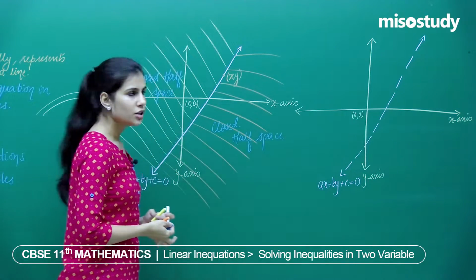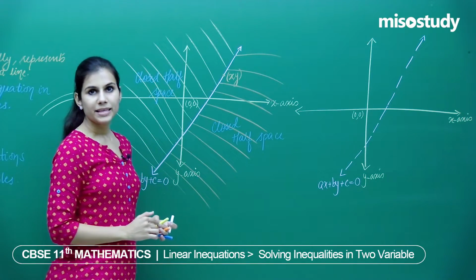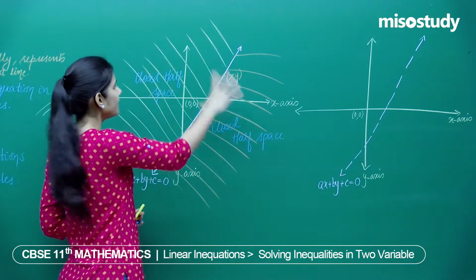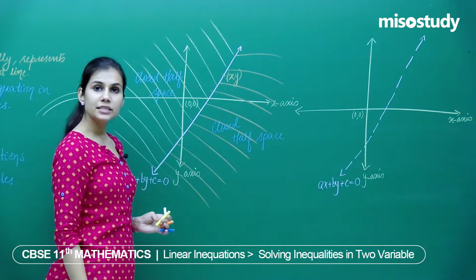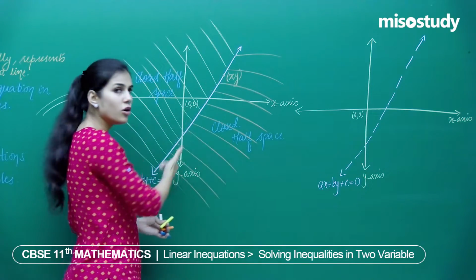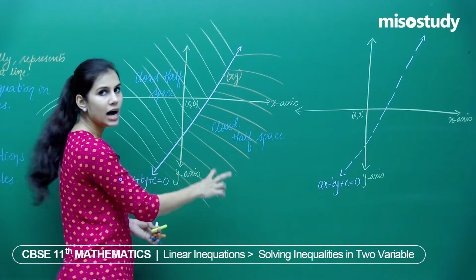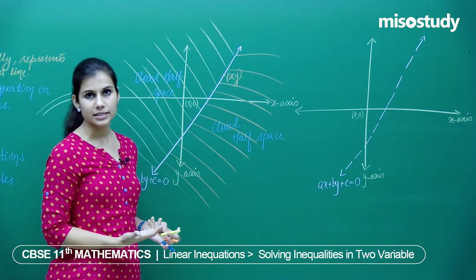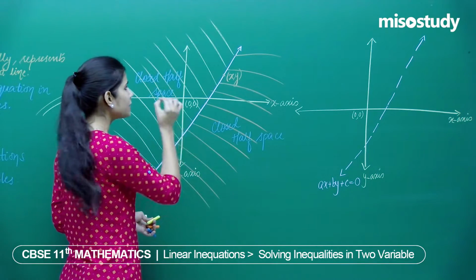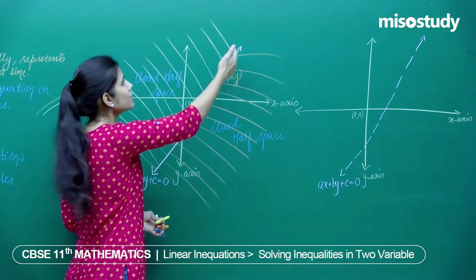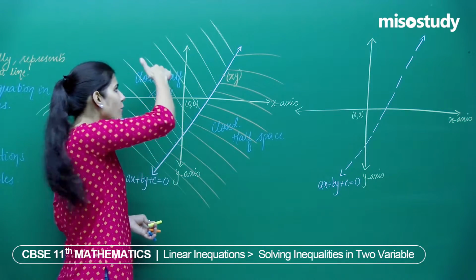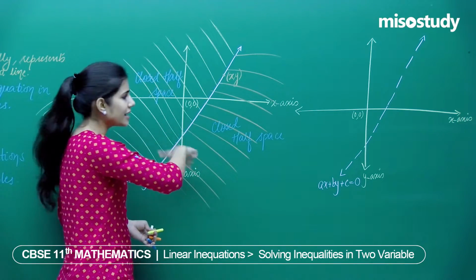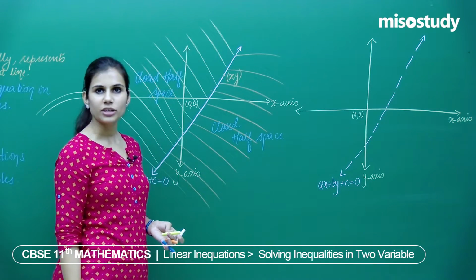Is it understood? So a line basically divides the plane into two half planes, one half plane, other half plane. If you are considering the half plane along with the line, then each of the half planes is known as closed half planes or closed half spaces. Are you understanding? That means one half plane is all the points on the line and all the points in that half plane, and the other half plane is all the points on the line and the points lying in that shaded region.